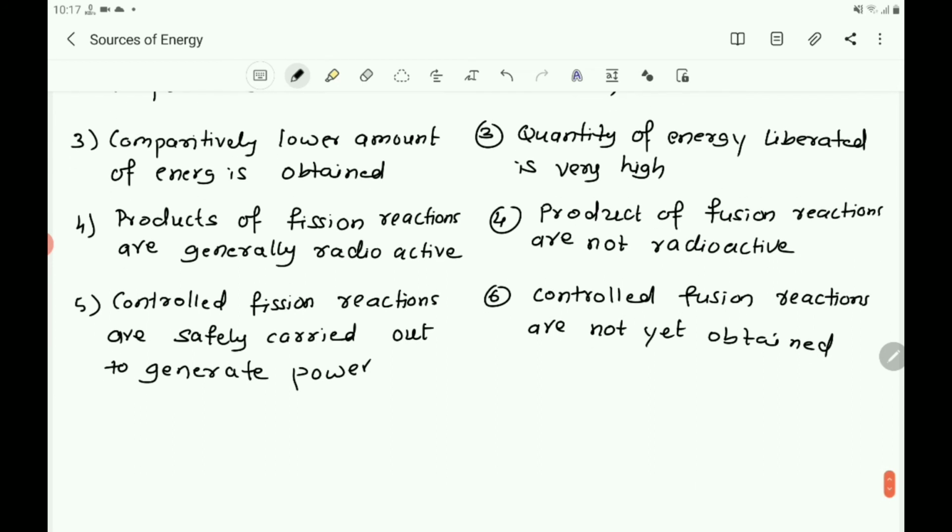And you can give the example for both here. First here you can say, example: energy liberated in a nuclear reactor due to splitting of uranium nuclei.